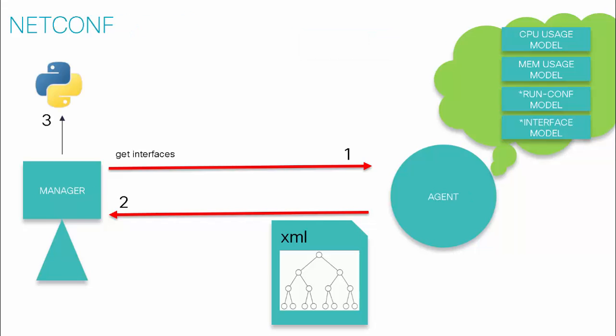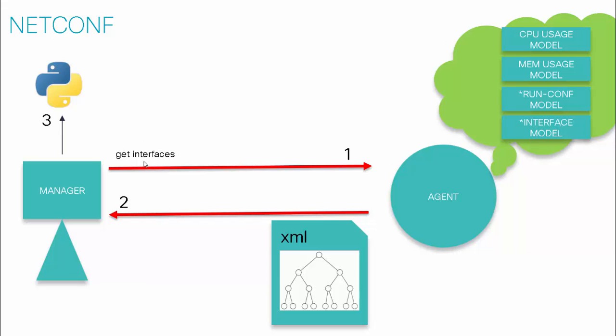Okay, so what do we have now? This is a general workflow that you could use to troubleshoot routers using NETCONF, YANG, XML, and Python. The manager, using the NETCONF protocol, gives an instruction to the router saying get interfaces.